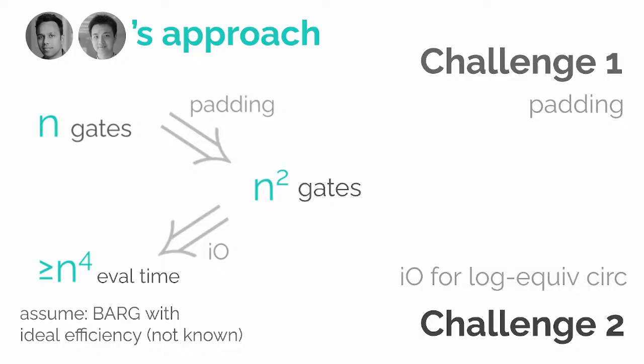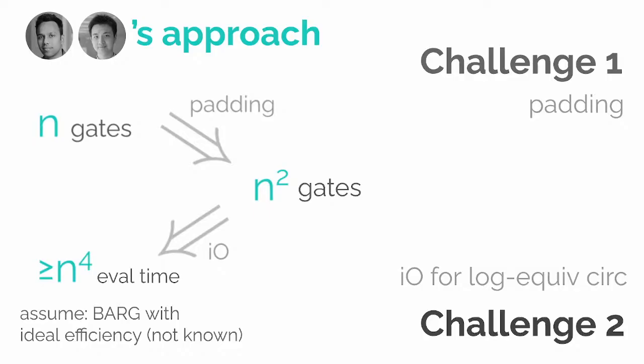So n squared becomes n to the fourth. So their scheme has to suffer from at least an n to the fourth overhead. And this is assuming you can have a BARK with ideal efficiency because their construction relies on BARK. And it's actually not known how to construct BARK with ideal efficiency yet.